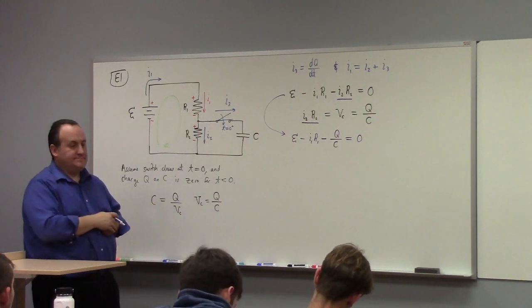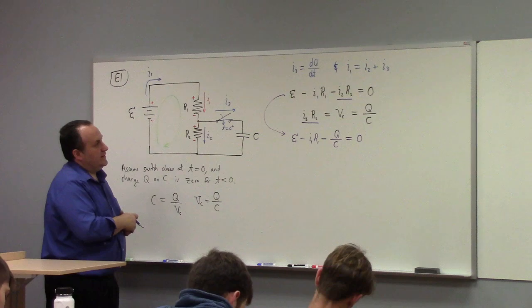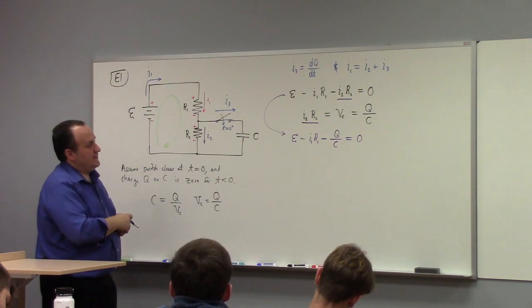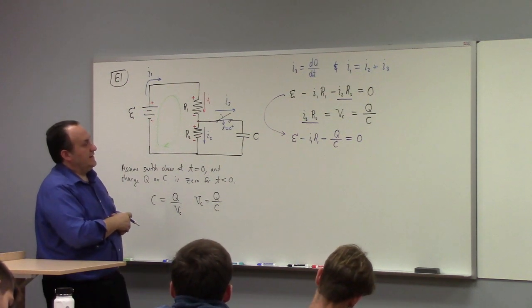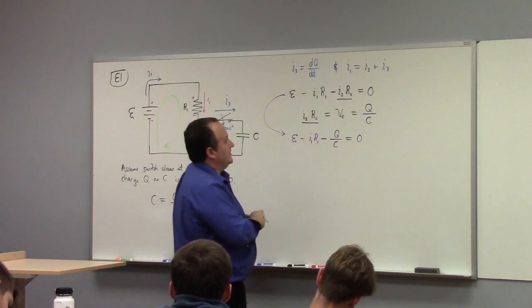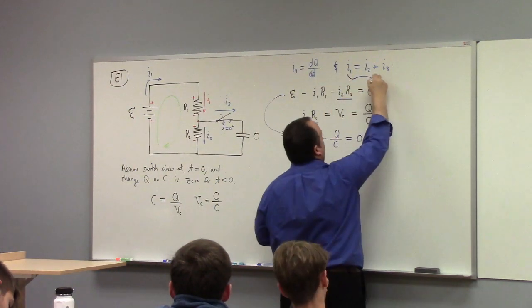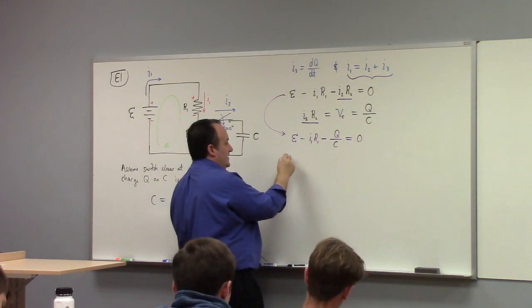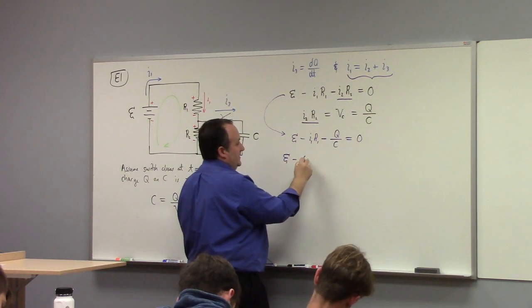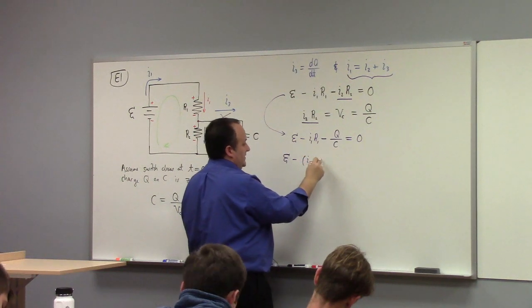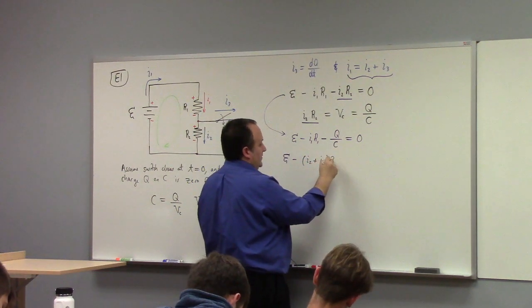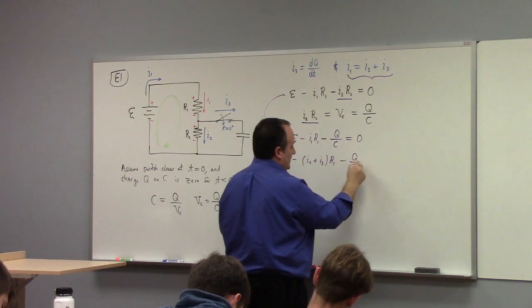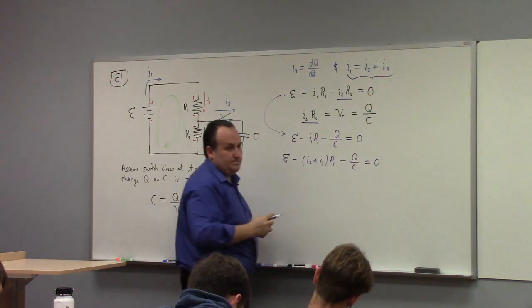That's kind of better. I'm not sure it's exactly what I want yet, but I also have that I1 is what? Up here, right? So I can trade this for an E minus (I2 plus I3) times R1 minus Q over C equal to 0.